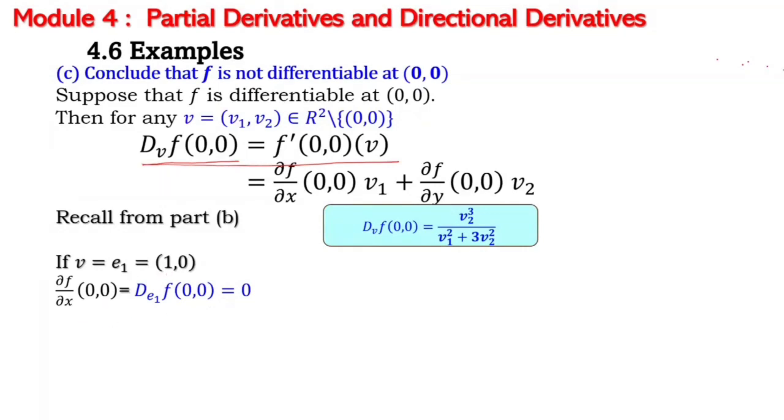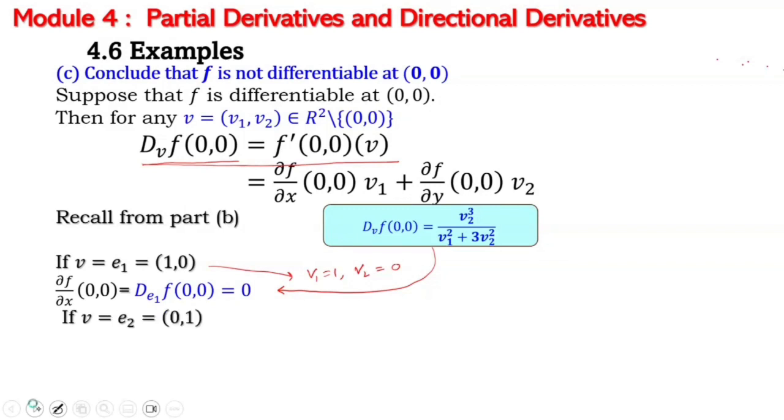In this case v1 is 1 and v2 is equal to 0, and if you substitute it here, you will get the value 0.